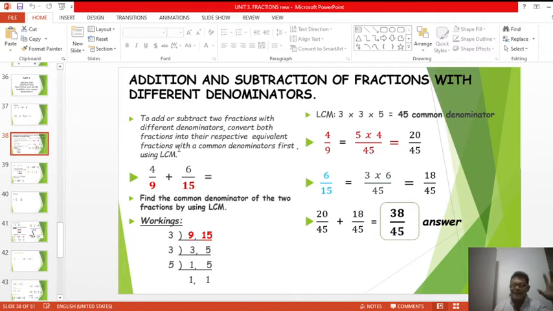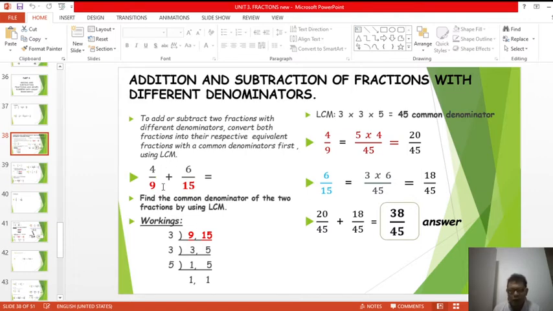Convert both fractions into their respective equivalent fractions with a common denominator first, using LCM. Here we get to use LCM. Again, if you forget how to find LCM, go back to the previous videos as well. Now let's move on.